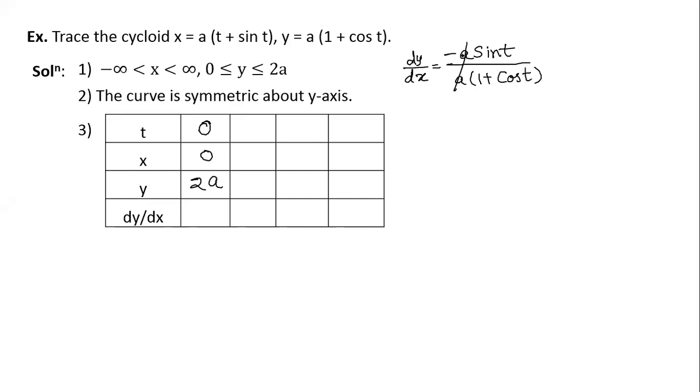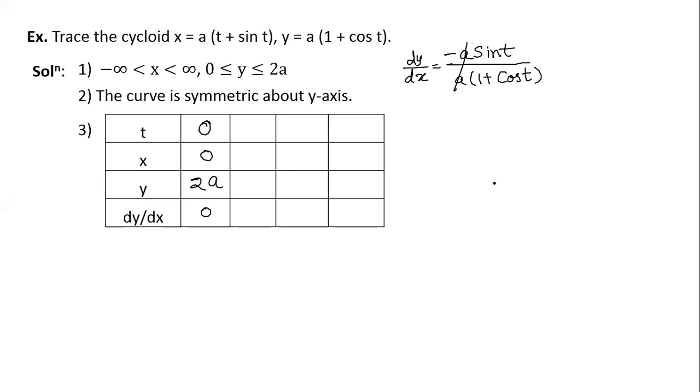So a cancels, put t equal to 0, so dy by dx is equal to 0. That means the curve passes through the origin and the tangent at the origin is parallel to the x-axis.